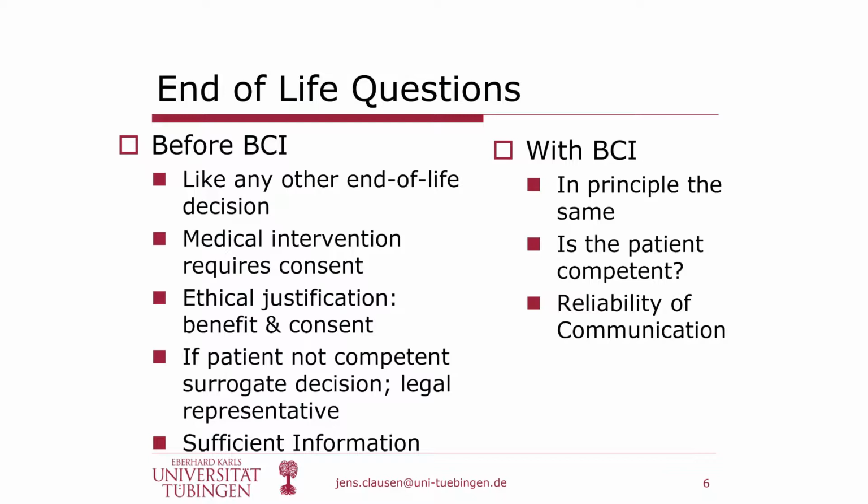Ethical justification is the benefit for the patient and the consent of the patient, or if the patient is not competent, the legal representative. So we need sufficient information. What is the case with a BCI? I think in the end, it's in principle the same.